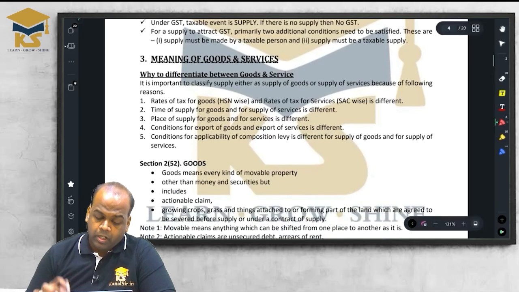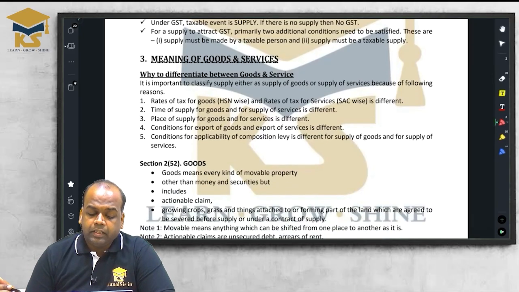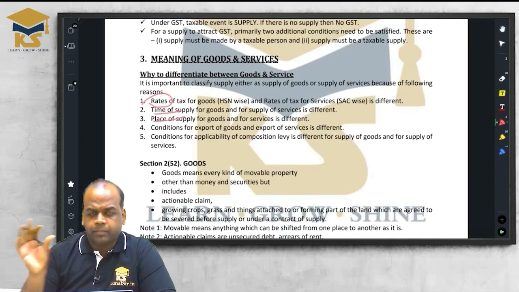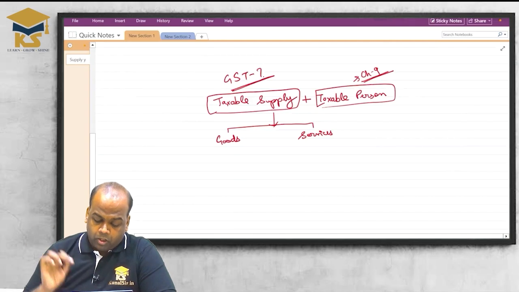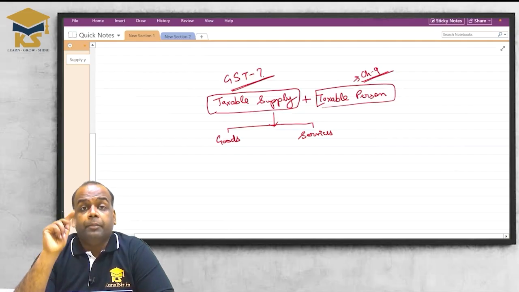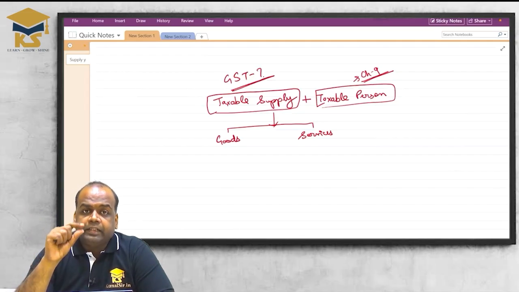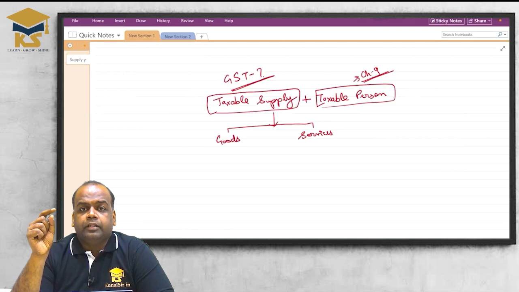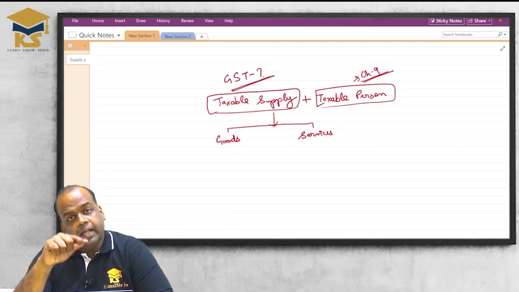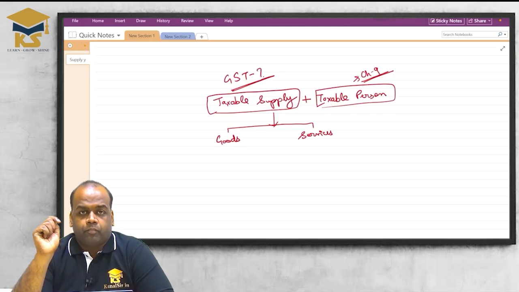So look, why do we need to differentiate? Because rates are different, time, place, some conditions. So here we must understand what is goods or what is services, because again, until and unless something is classified under goods or services, then only it can be treated as supply.